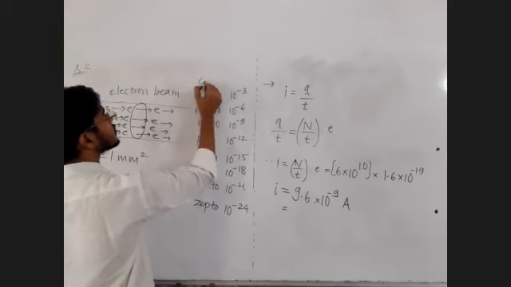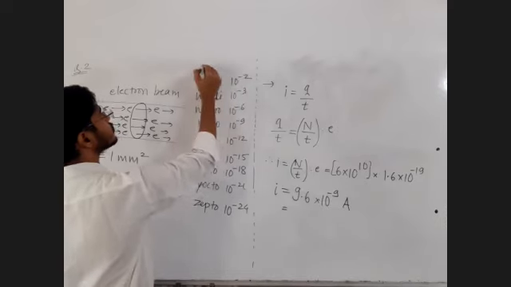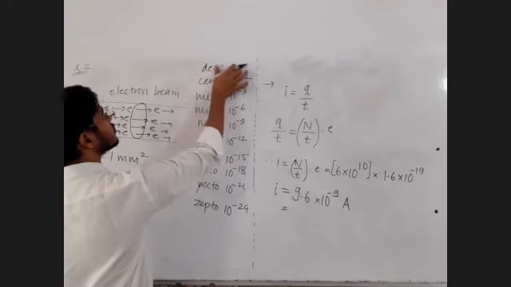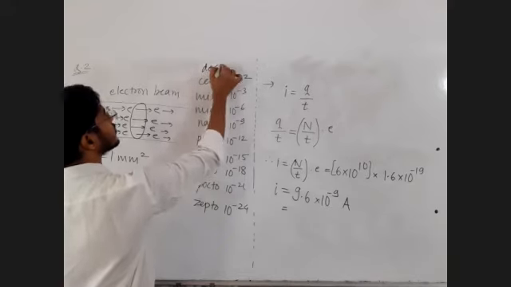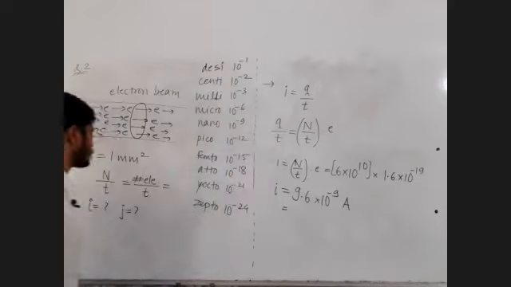Here you can have centi. Centi means 10 raised to minus 2. Deci. Check the spelling. I think it is SI or CI. I don't know. You just cross check. 10 raised to minus 1.